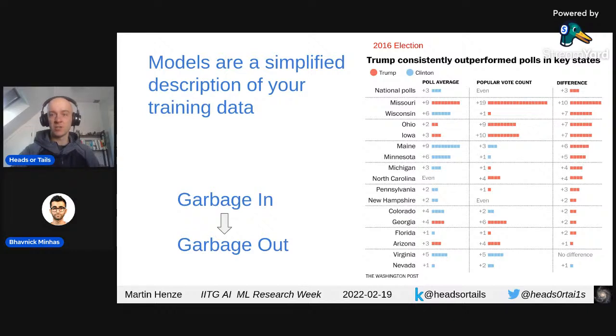That was likely because the polling methodology used in this election, and the way that people responded to the polls, the questions they were asked and the way they answered these questions, did not compare favorably to the previous elections where the models had done very well.